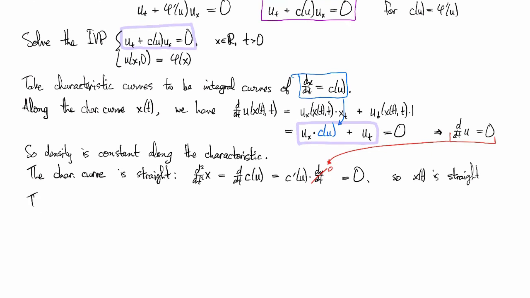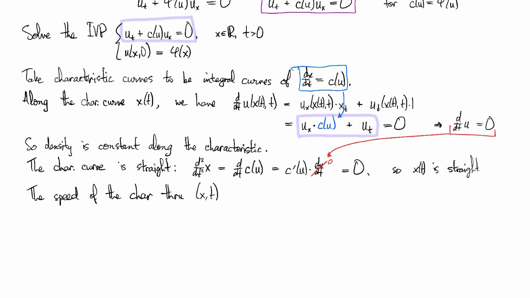And the speed of the characteristic through the coordinate (x, t), so this is going to be, again, dx/dt. And so this is c of u of x of t, t.